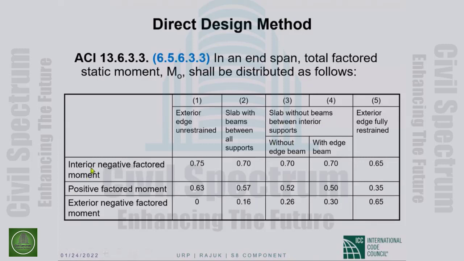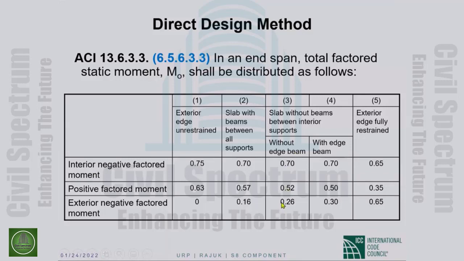If that is our case, the factored moment at the end span. So this is an end span. The negative factored moment at the interior support is 70% of M sub 0. The span moment is 52% of M sub 0.